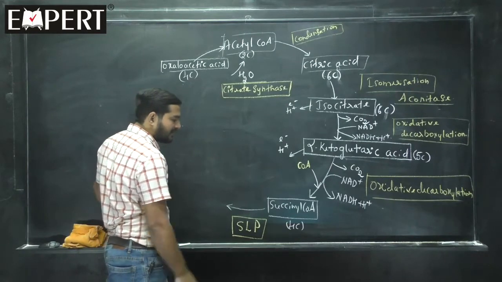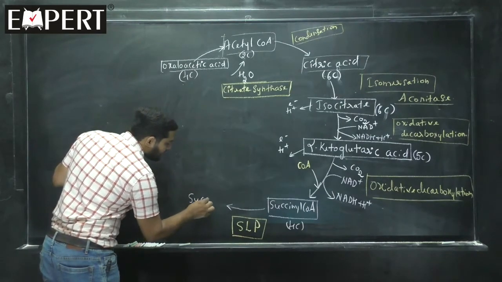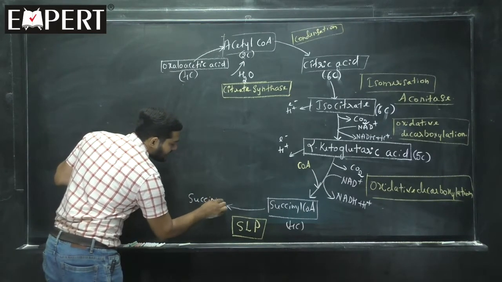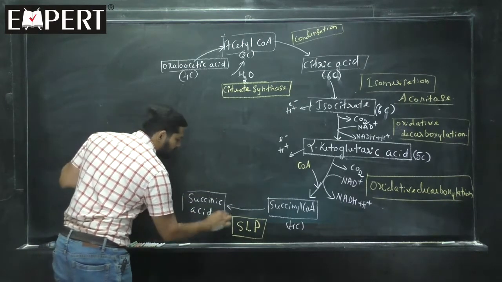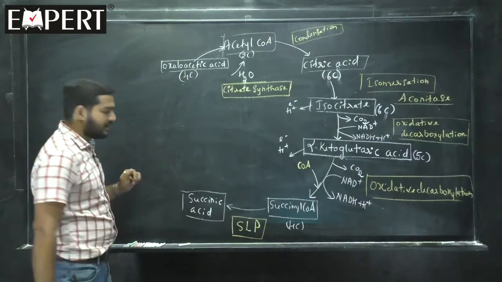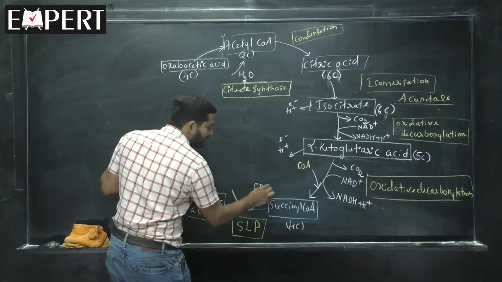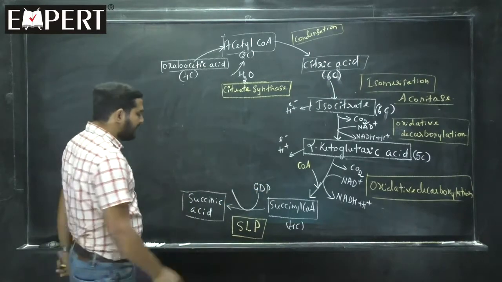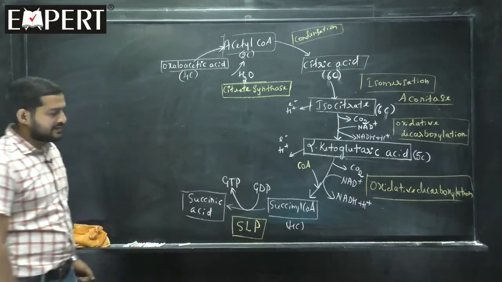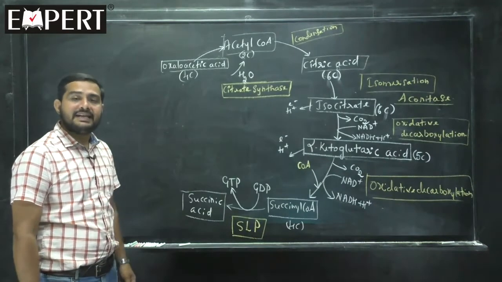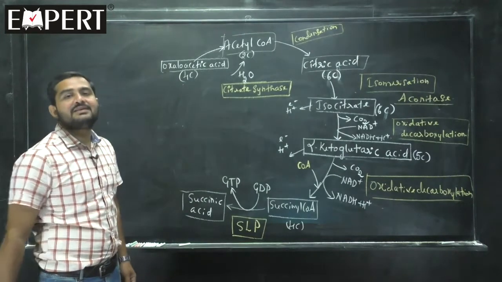During the conversion of succinyl-CoA to succinic acid, a molecule of GDP, guanosine diphosphate, becomes GTP, guanosine triphosphate. Guanosine triphosphate also can yield ATP energy. 1 GTP equals 1 ATP.